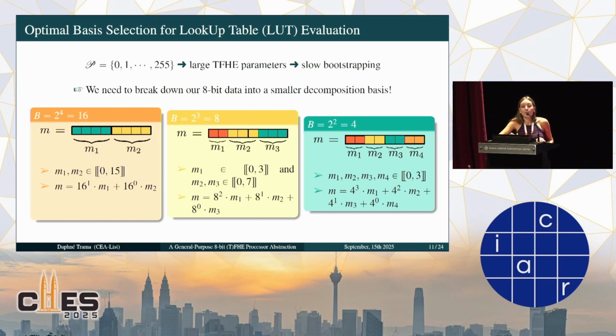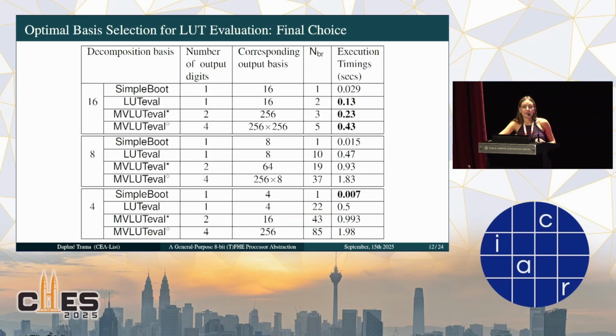So a trade-off must be achieved between the number of bootstrappings and the parameter size of the decomposition basis. And to find which was the best trade-off, we did a benchmark of our lookup evaluation tools, and we chose to work with basis 16. I think it's pretty obvious why.